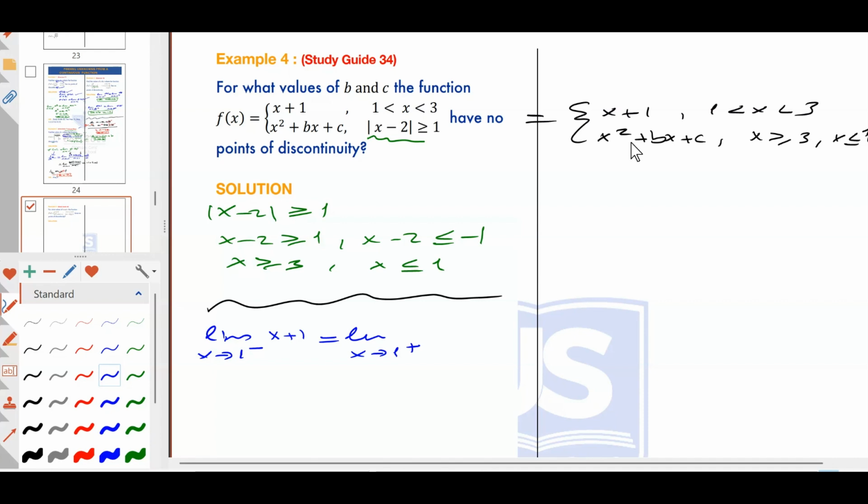Excuse me, I made a mistake. X is less than 1 condition is the second one: x squared plus bx plus c equals limit as x approaches 1 from the right. X is greater than 1 condition is this one, x plus 1.